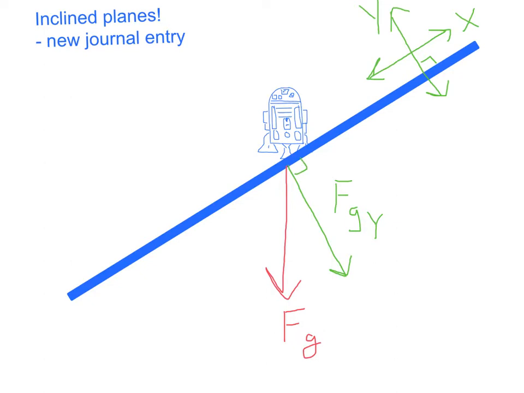And then we're also going to use another vector here, and this black arrow is going to represent our force due to gravity in the x direction.